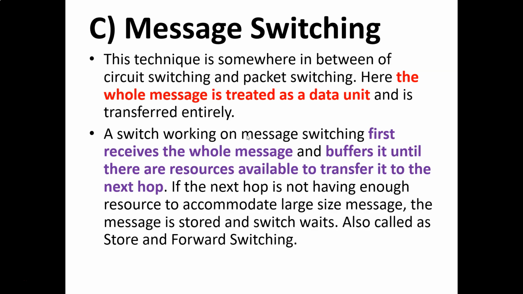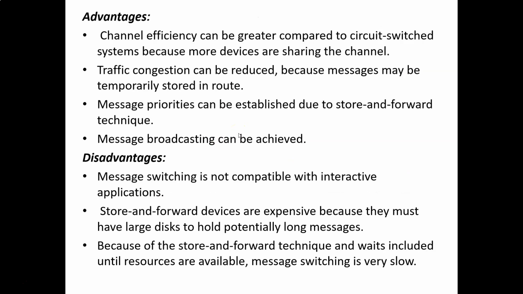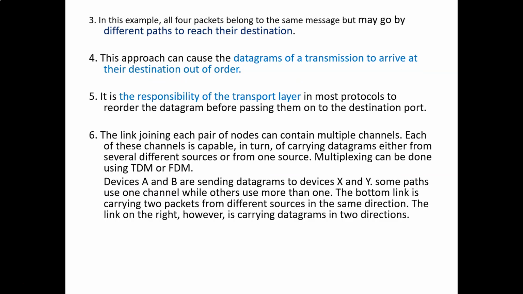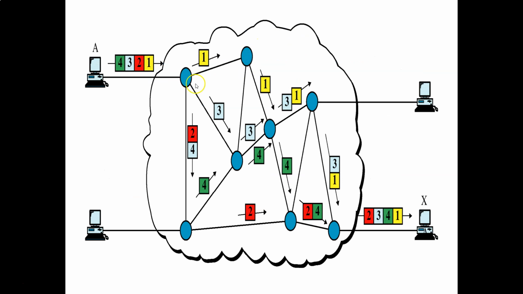Next is packet switching. Here, the whole message is treated as a data unit. We have two types: datagram approach. Here you see the data in the form of packets 1, 2, 3 and 4.